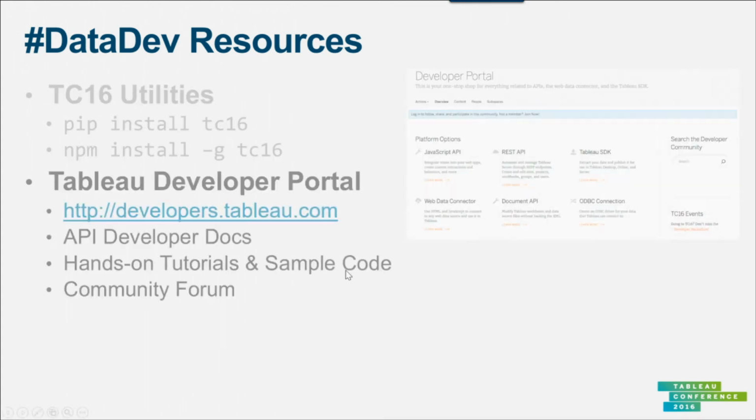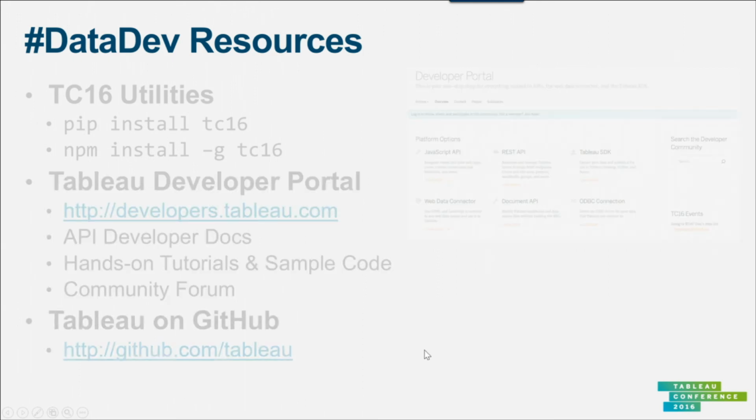Your first place to start with any of this API stuff is developers.tableau.com, the portal. That's the entry point into everything else. We have a GitHub site for most but not all of our APIs right now: github.com/Tableau. So you don't have to remember that much.